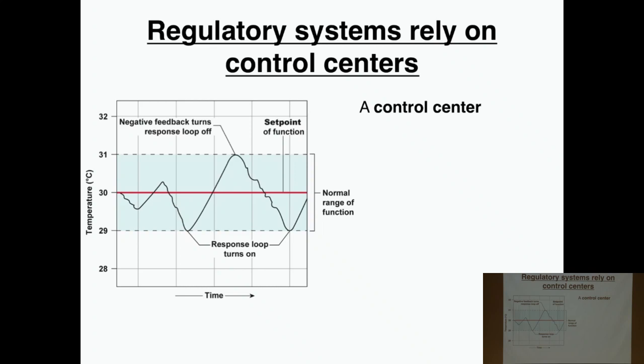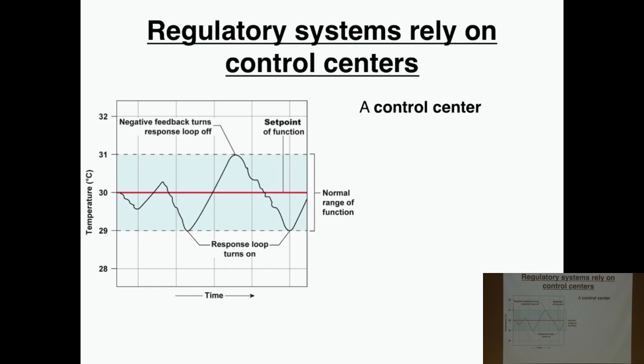And so what happens is that if an individual starts out at that set point, if their body is trying to maintain that set point, when they deviate, they'll have some sort of response to cause them to return to that set point. Here, they overshot a little bit, so then that response shut off and they went back to the set point. But maybe they shut it off too hard, so it went down further.